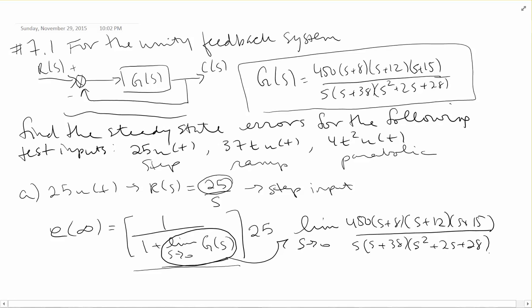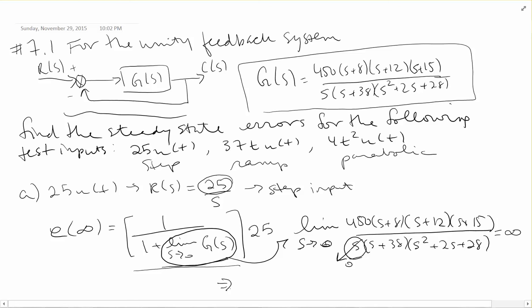So if we're taking S and making it go to 0, the main term that we care about is this S in the denominator. If this S goes to 0, that means this whole denominator is 0, which is going to mean that the limit goes to infinity.